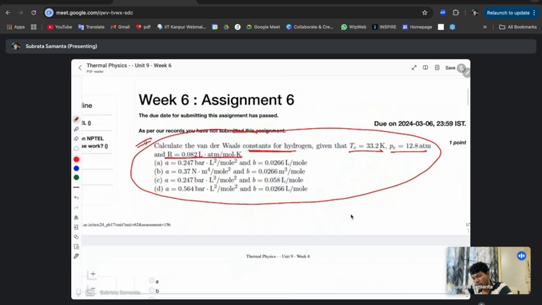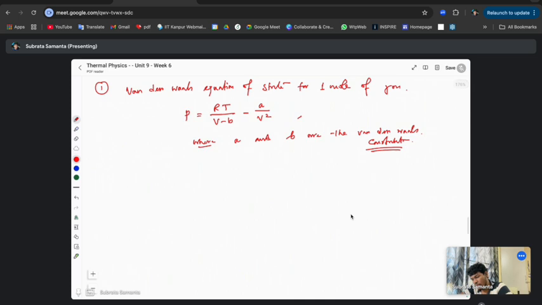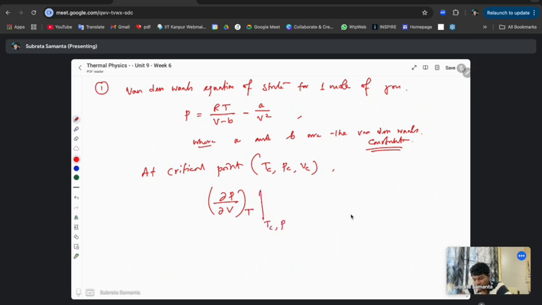Given Tc and Pc, and also the value of R, the universal gas constant, how do we determine them? At the critical point, that means Tc, Pc and Vc, del P over del V at fixed temperature equals 0, which also equals del 2P over del V2, at Tc, Pc, Vc.